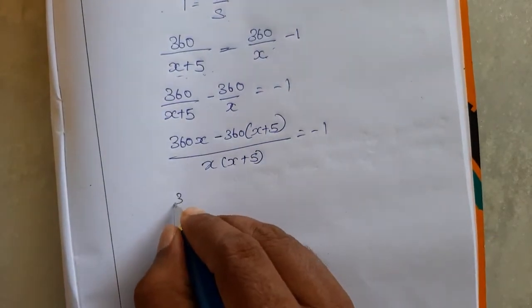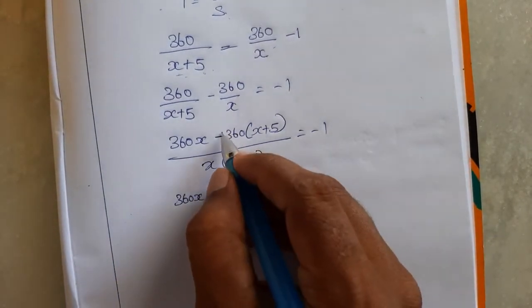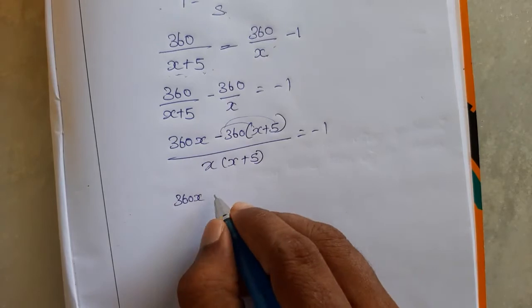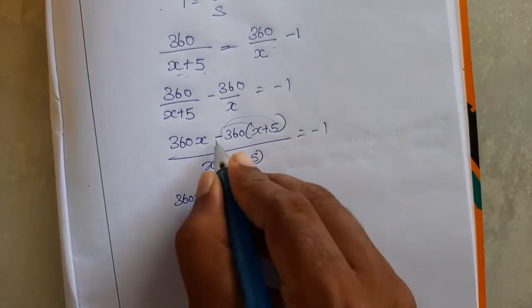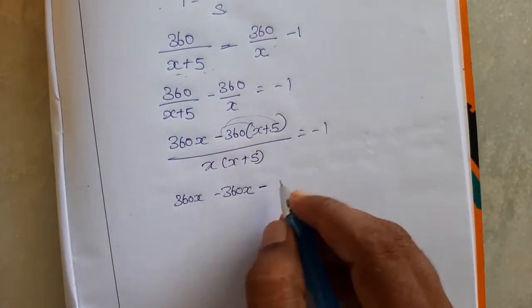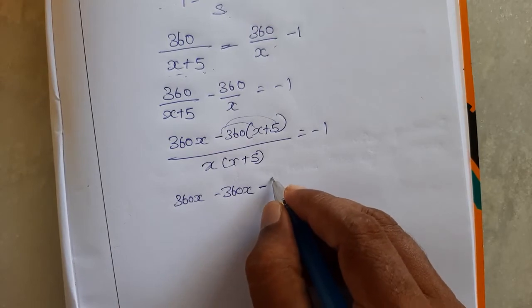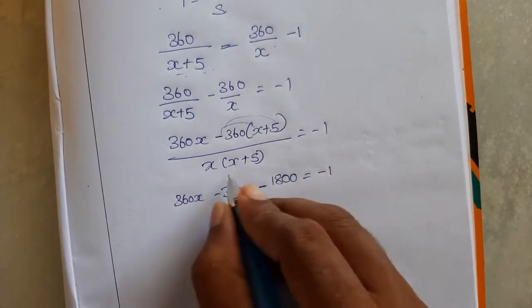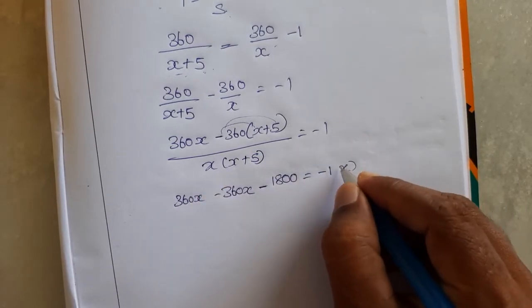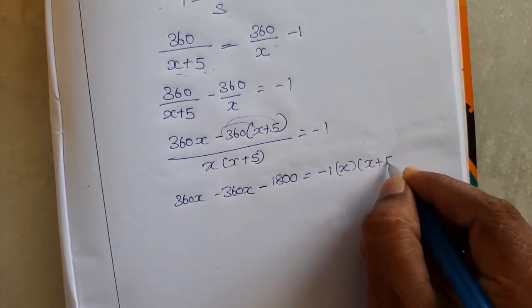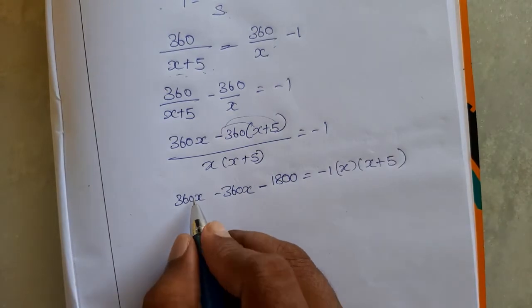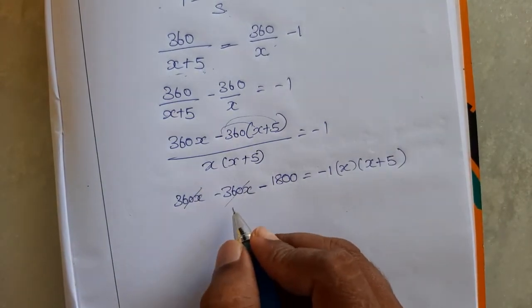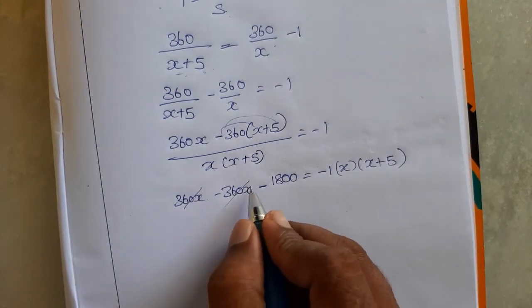So this 360x, I will multiply: minus into plus is minus 360 into 5, which is 1800, equal to minus 1 into x into (x plus 5). 360x minus 360x is 0.